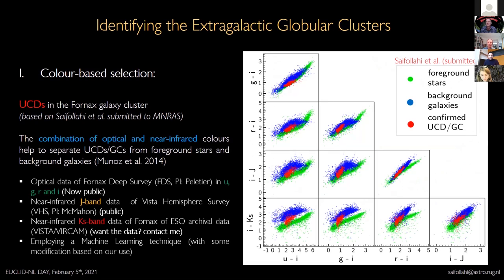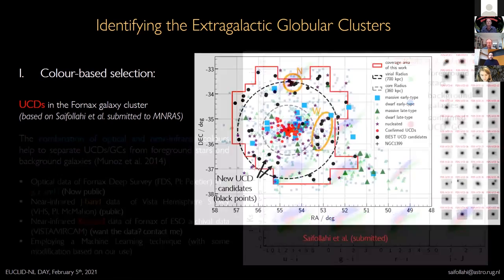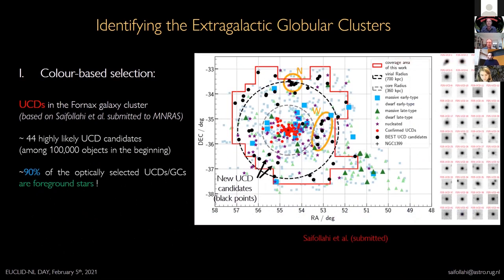We used optical data, which is available, and some near-infrared data from VHS, and other near-infrared data that we got from the ESO archive. Using some machine learning techniques, we put all the information together, trained a set, and tried to identify these sources based on their photometry. And we found these objects at the end.